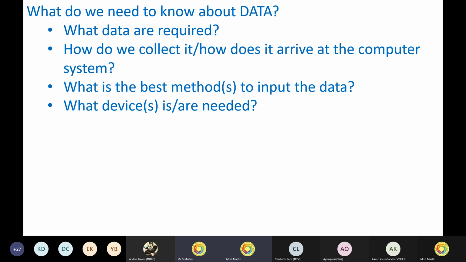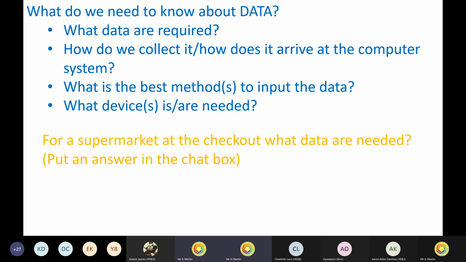And there are lots of factors that you then take into account when you're looking at those methods. Is it speed? Is it cost? I'll look at a couple of examples during this presentation to show you how computer scientists and systems analysts think about a system before it can actually be implemented.